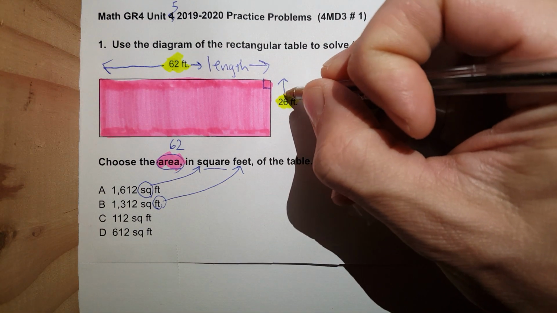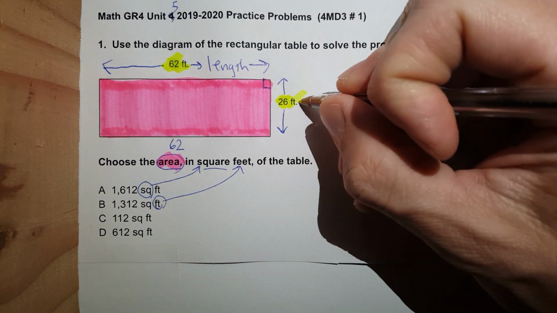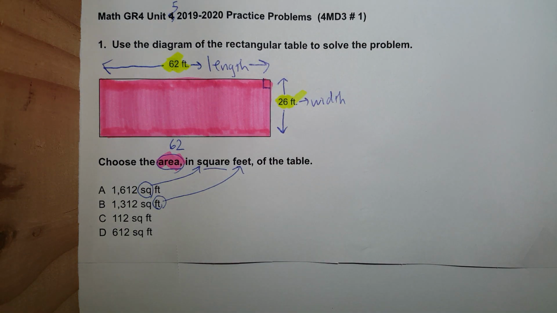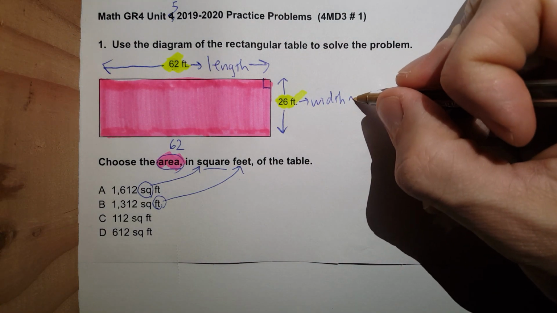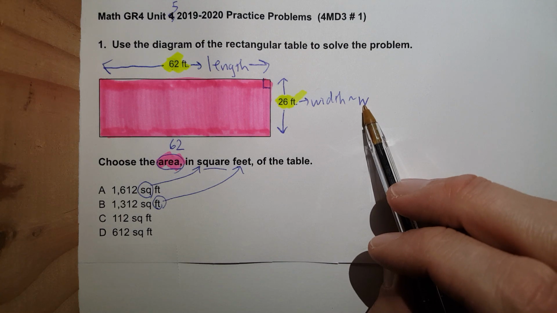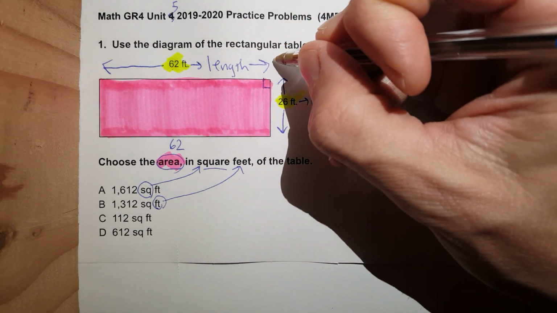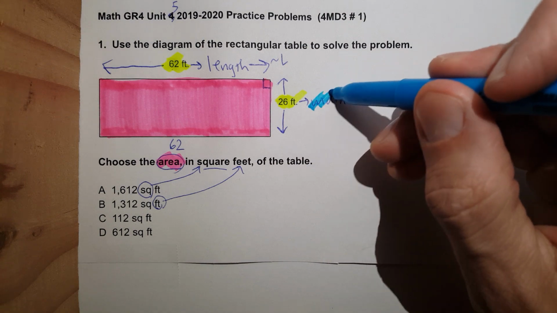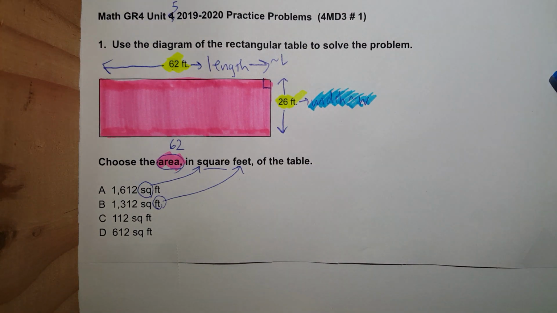Up here, we have the width. How wide is the table? Now, we can represent the width with the letter W. We can represent length with the letter L. Okay? Let's do this. So width is going to be our blue.